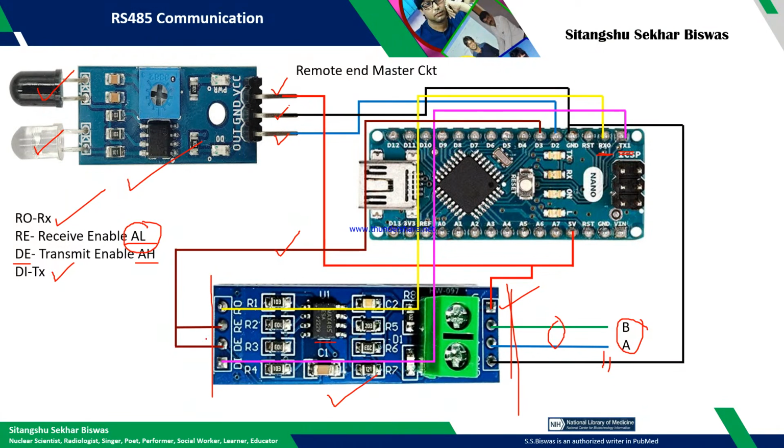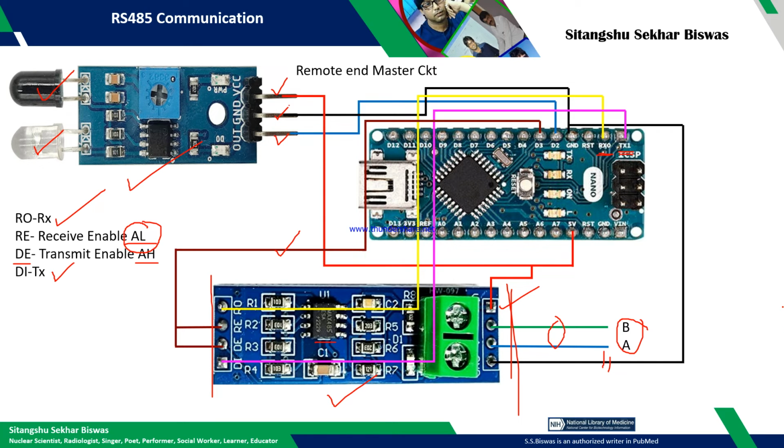So this entire circuit, these 3 devices, will be at the remote end, where the sensor is kept. It is at long distance. So there these three devices will be kept, and from there only this 2 wire will be connected to the local or the control station.